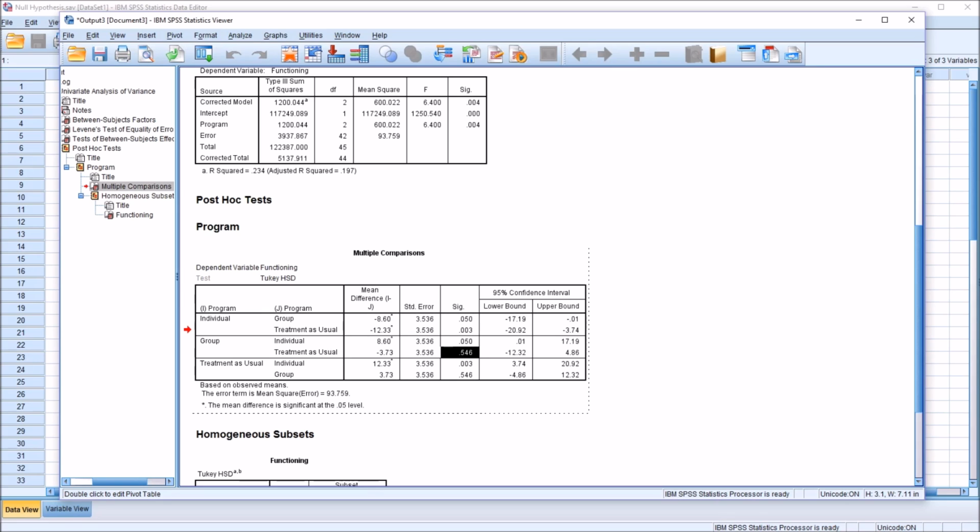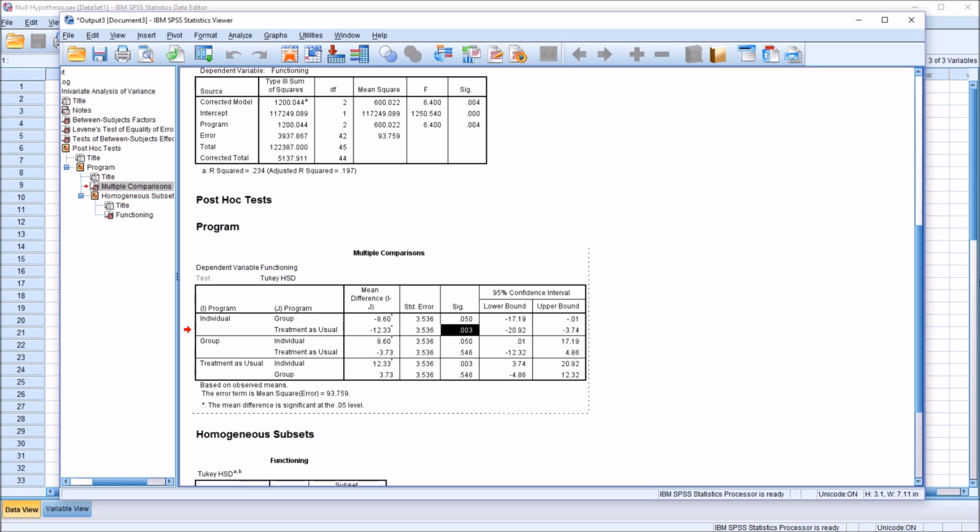So this value, 0.546, is not statistically significant. So we would fail to reject the null hypothesis in this case, and we'd say there's no difference between treatment as usual and group, no difference between the means of those levels. Between individual and treatment as usual, we have a statistically significant result, 0.003.